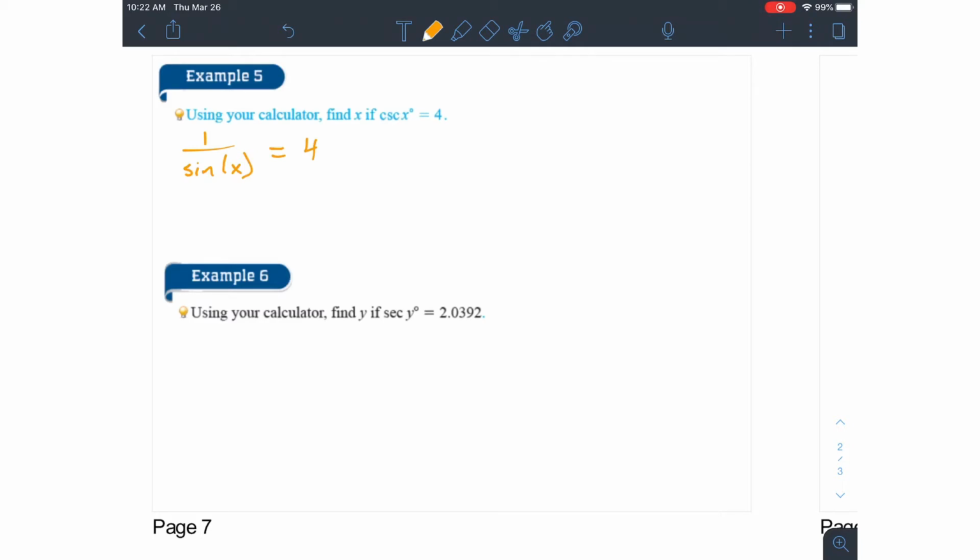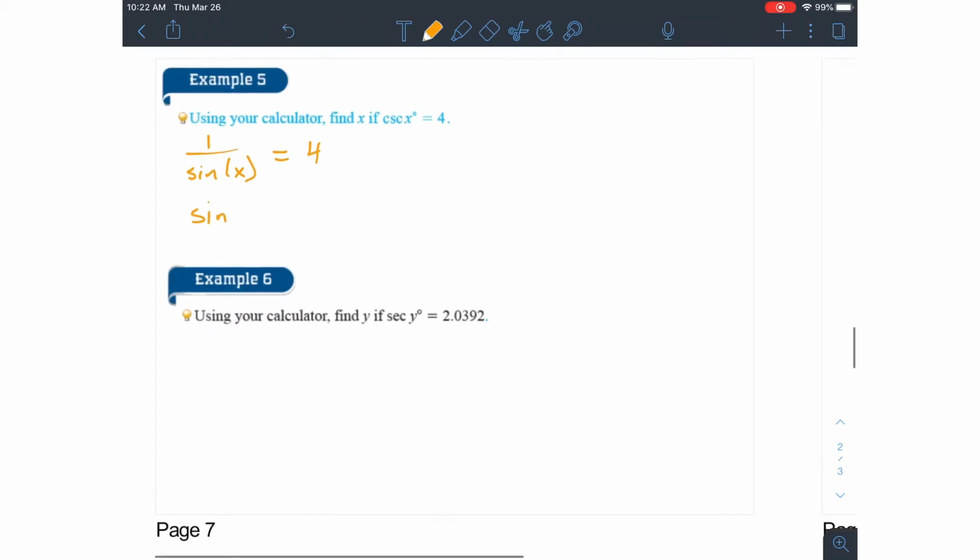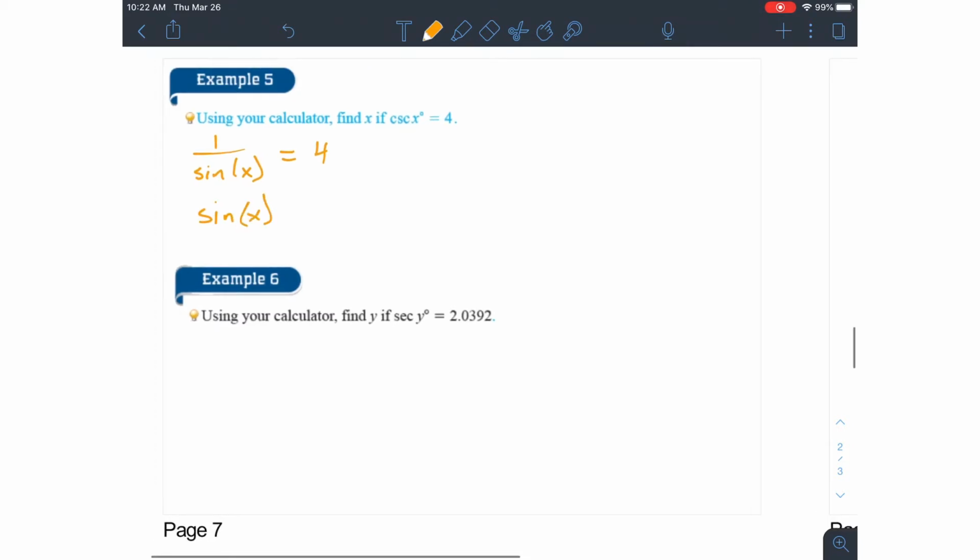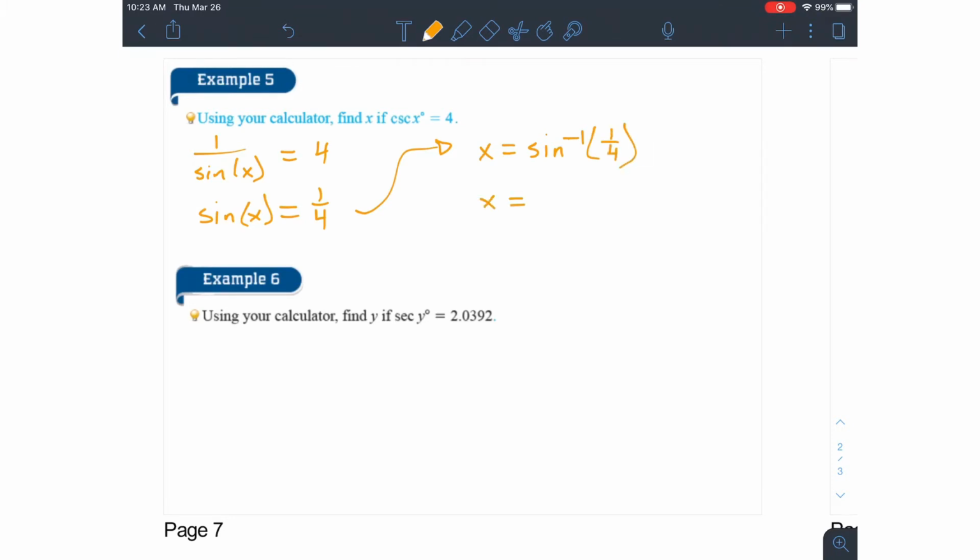And if we take the reciprocal of the left, 1 over sine becomes sine. Then we need to do the reciprocal of the right side, and that turns into 1/4. Now we are able to solve this because we can just take the arcsine of both sides and arcsine of 1/4 will be our answer. And that is about 14.5 degrees.